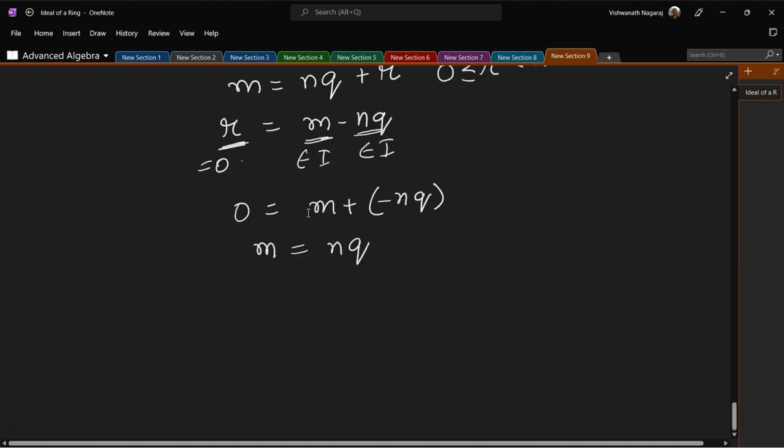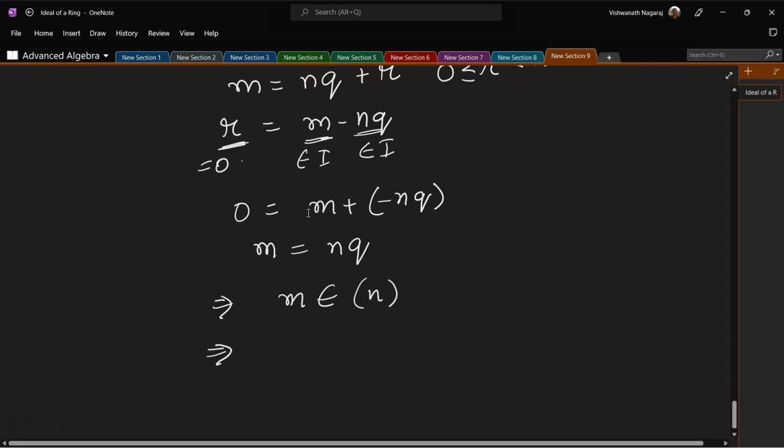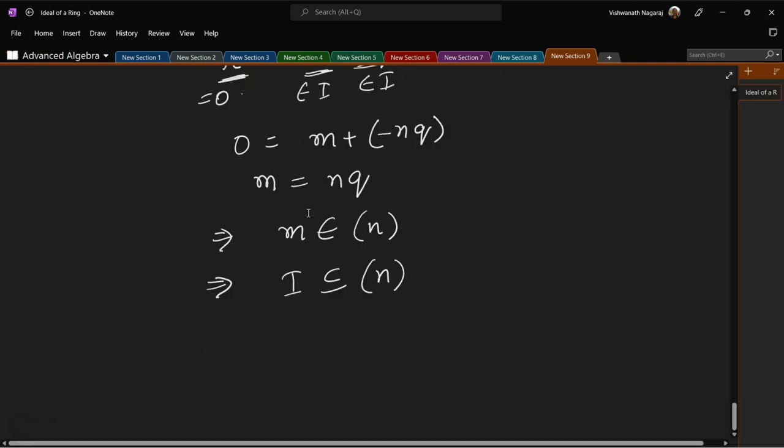Now since M is a multiple of N, it implies that M belongs to the ideal generated by N, which in turn implies that I is a subset of the ideal generated by N. So what do we have?